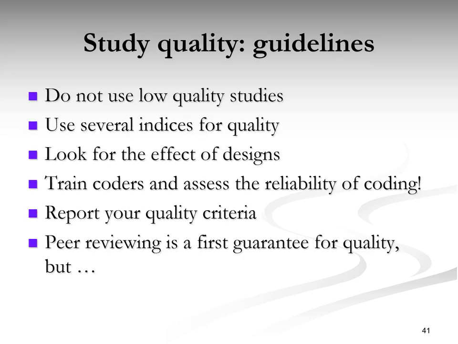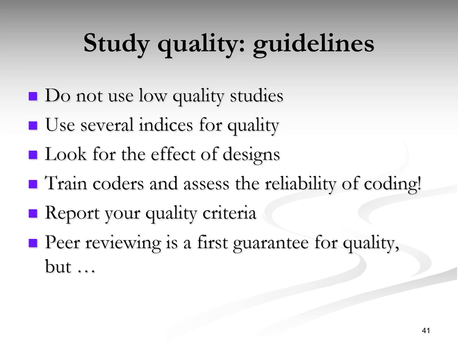So in general, some guidelines: I would not include studies if they really have a low quality. I definitely would use several indices for quality. I also would look for the effect of the design. So if you have experimental designs and correlational designs, I would also include the type of design as a predictor in the analysis to see whether the effect depends on the design.